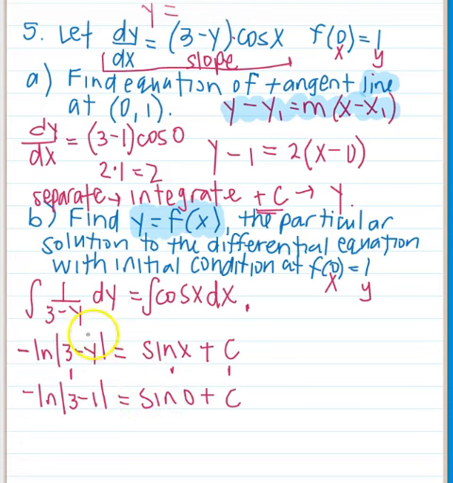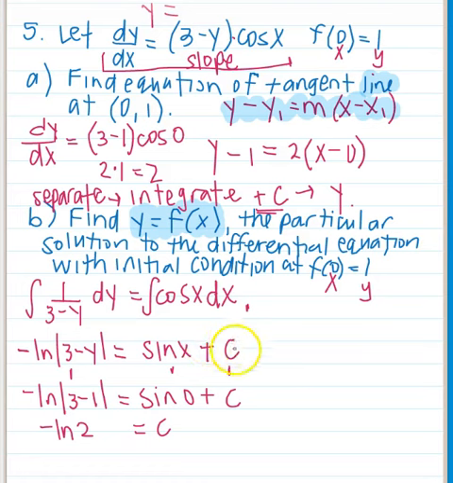But as soon as you go back up and try solving for y, you will get the same value at the end. Okay, so sine of 0 is 0, so C is equal to negative ln. This produces a 2, so I don't need the absolute value, so I can just write 2 there. Because I don't need the absolute values, I don't need to worry about changing any signs later on.